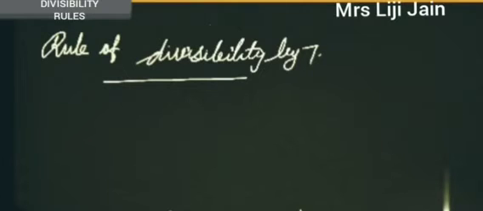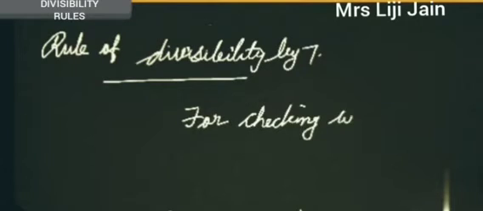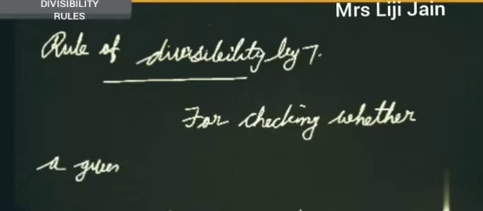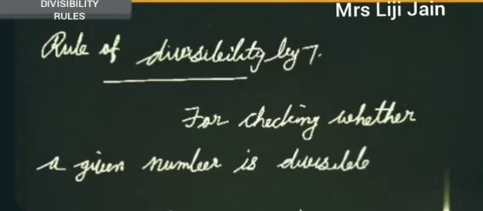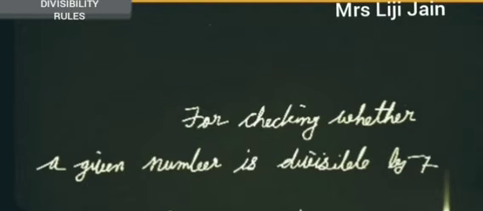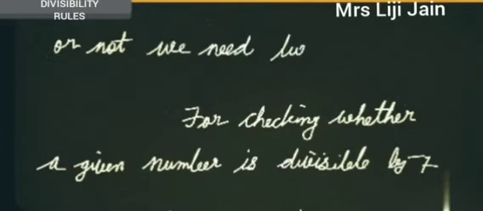For checking whether a given number is divisible by 7 or not, we need two steps.